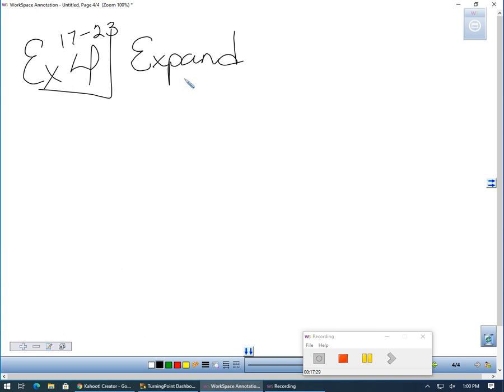What if I have something like 2x plus square root y, to the 4th? Obviously this is our n, we have 4 of them.